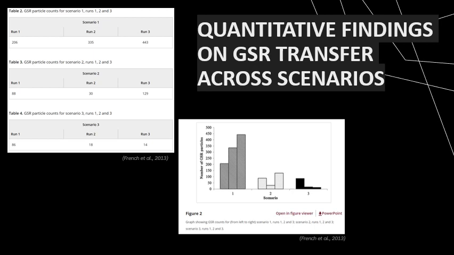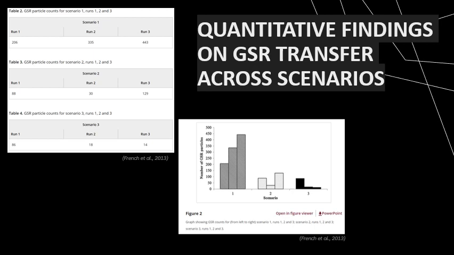While the amount that's transferred varies, it is possible. So while maybe a little bit transfers or none transfers, it is possible for a lot to transfer. And this could show that someone had gunshot residue on their hand. Maybe they did fire it, maybe they didn't.